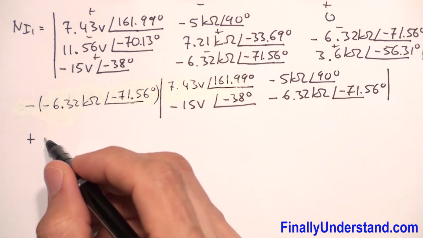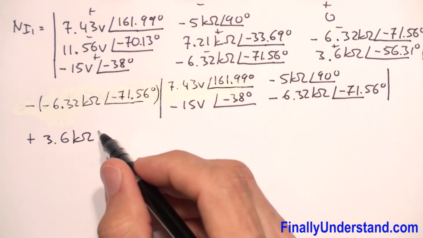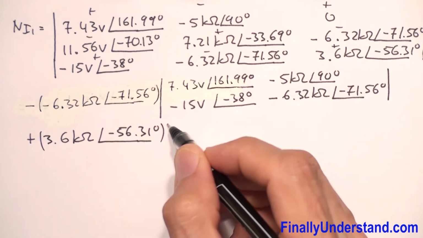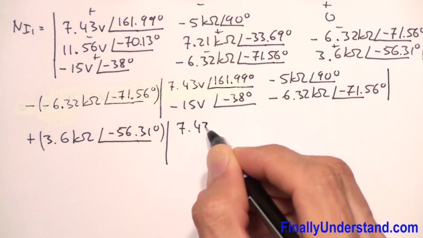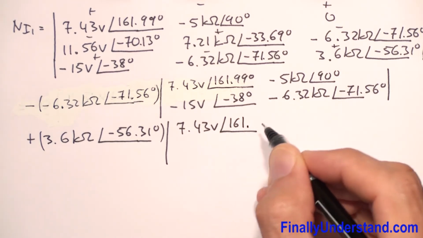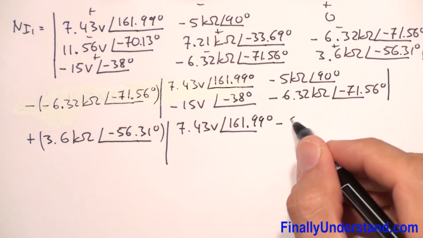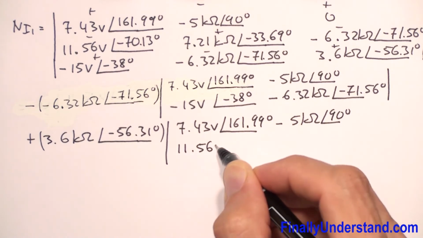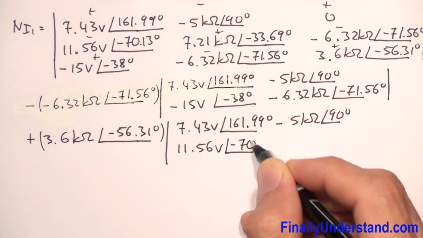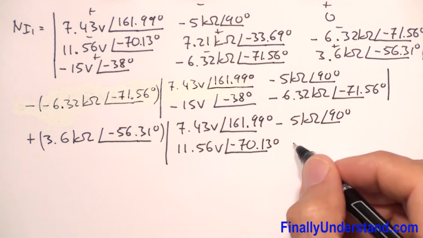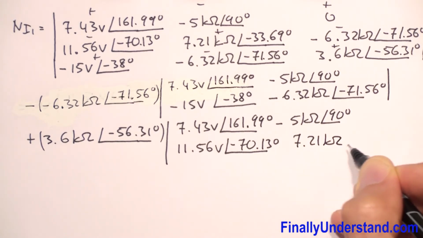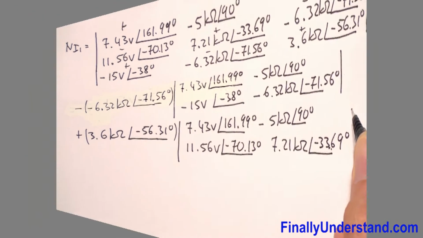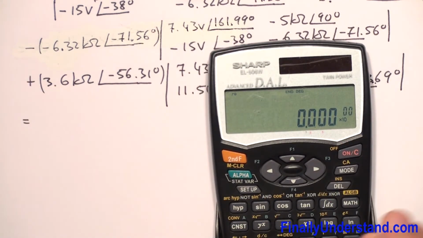So I'm going to write simply this is plus 3.6 kilo ohms and angle of negative 56.31 degrees times 7.43 volts and angle of 161.99 degrees minus 5 kilo ohms and angle of 90 degrees, and I have 11.56 volts and angle of negative 70.13 degrees, and I have 7.21 kilo ohms and angle of negative 33.69 degrees.